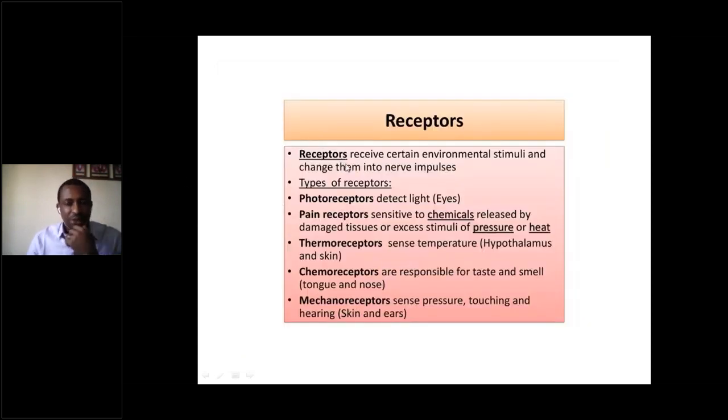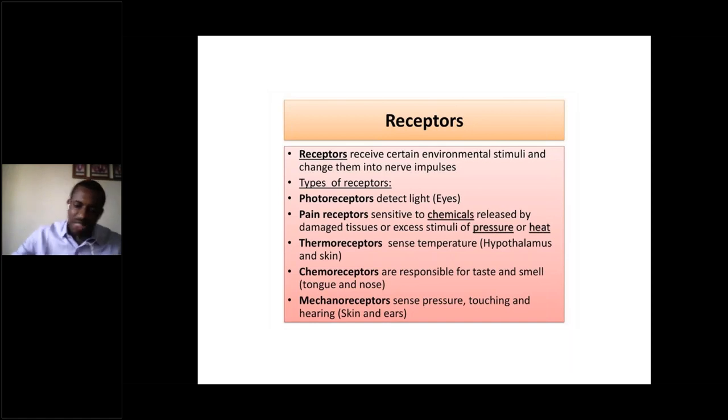So now there are receptors. There are receptors in all these 5 senses. The receptors receive environmental stimuli. When they receive it, they change it to nerve impulses and transmit it through the nervous system as impulses.